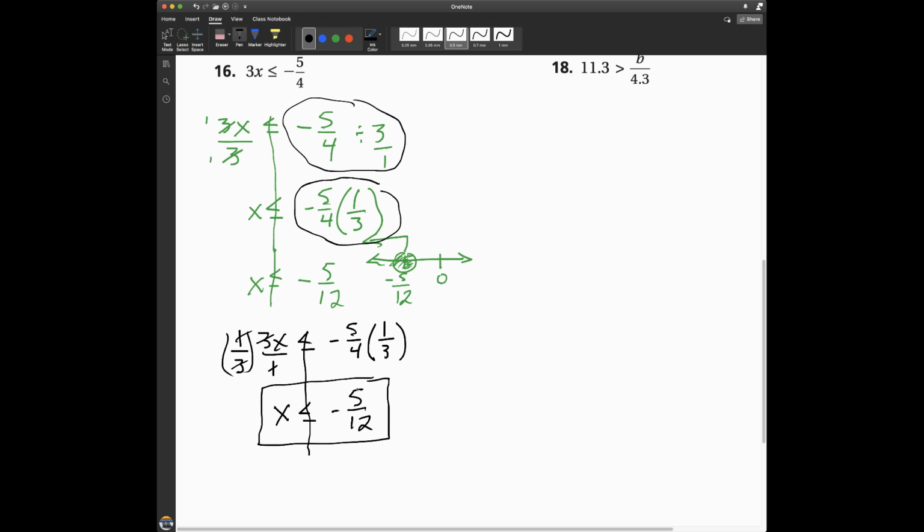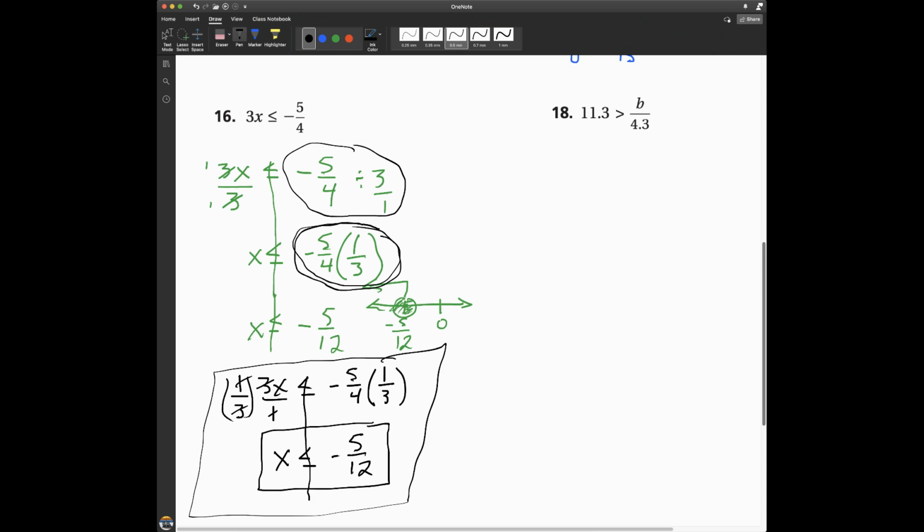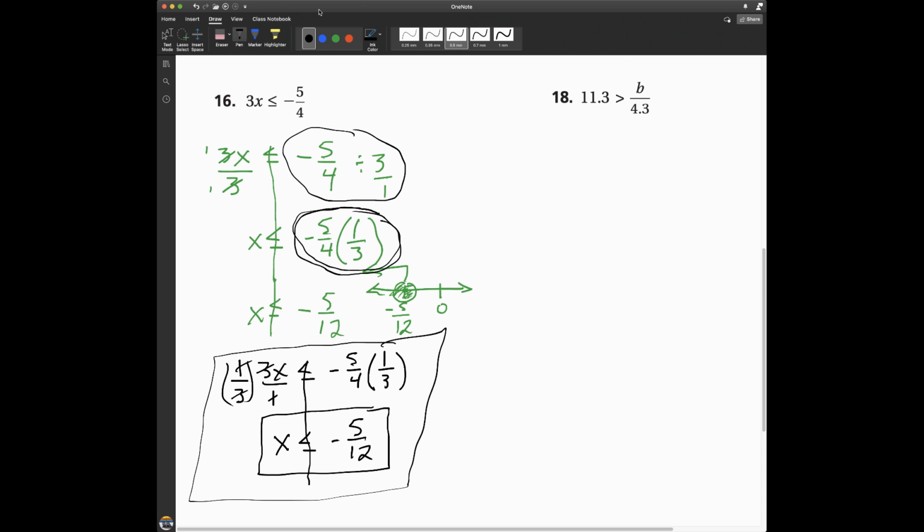So if we just think about the relationship between multiplication and division, we can actually go right to this step, and instead of dividing both sides by 3, which we did up here, I can also multiply a whole number by its reciprocal. And sometimes that is a handy way to solve these problems. Okay, so I just wanted to point that out to you. And if that's still confusing to you, bring it up in class and we'll talk about it some more.